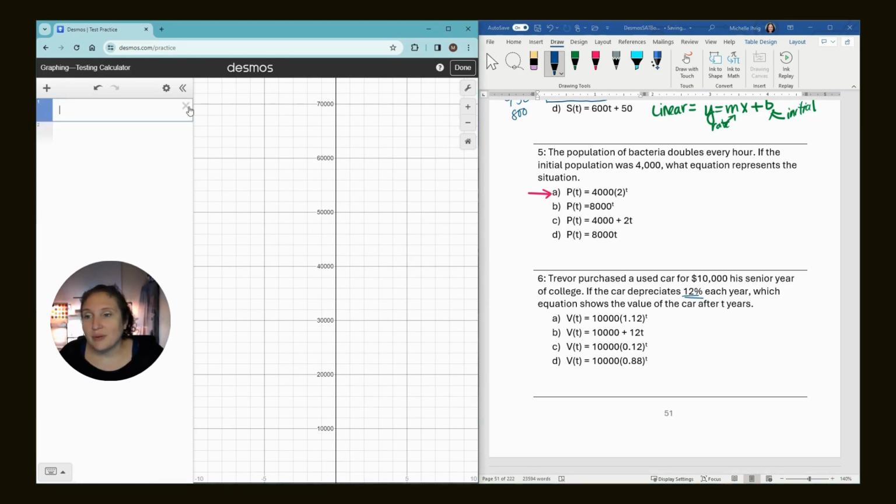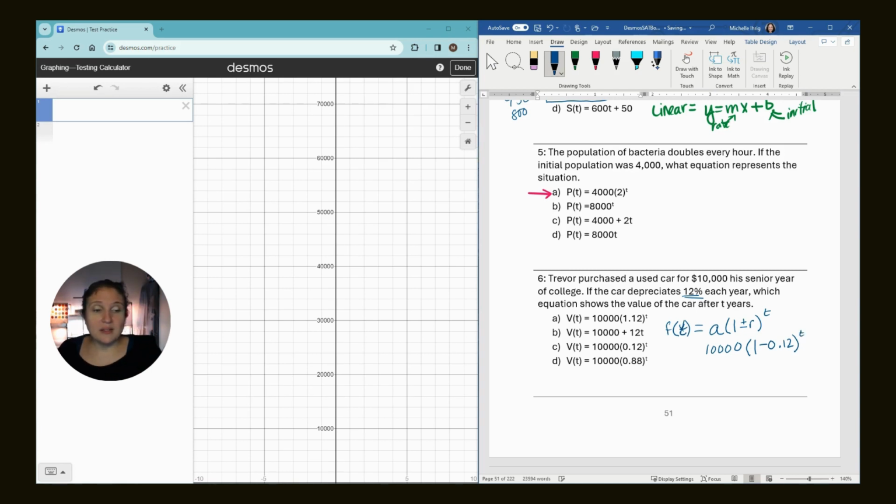You have to remember that whenever we're subtracting a rate or adding a rate, I did give you this formula up above, but basically we have to do 1 plus or minus the rate and then the time.